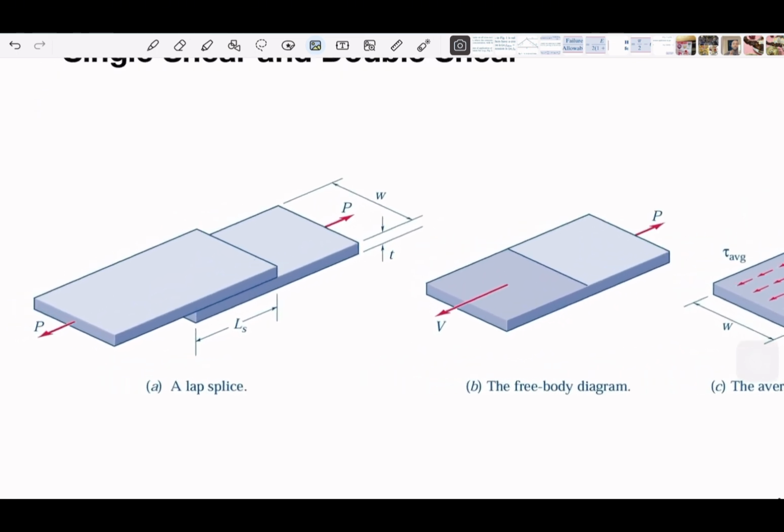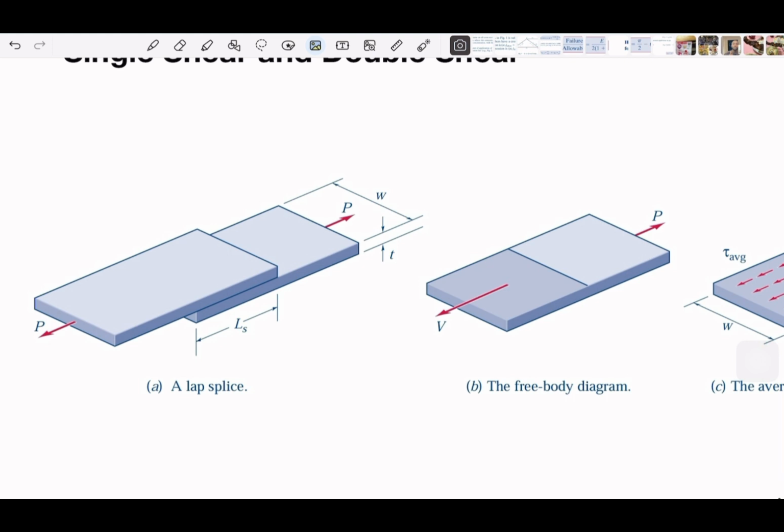So let's say we have some plies from some material. If we pull the material, there will be some friction in between. If we try to make out the free body diagram, when we pull these two, there will be some sort of reaction here.